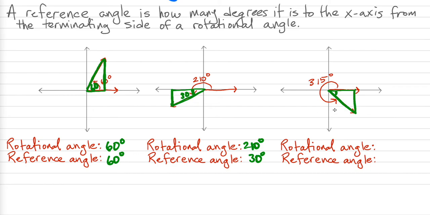But this one was 315, so I know that there's a little bit left. For this one, I would do 360 minus 315. I'm sure some people in here would do 270 to figure out how far over it's gone. It can be different for every person. But that's what I would do as well. So 360 minus 315 is 45. So this is going to be a 45-degree reference angle.